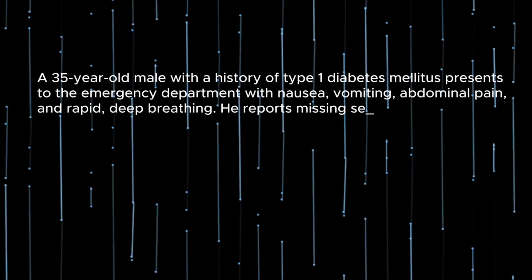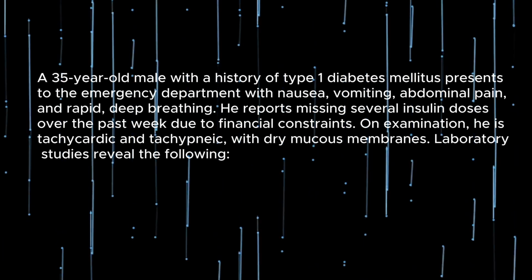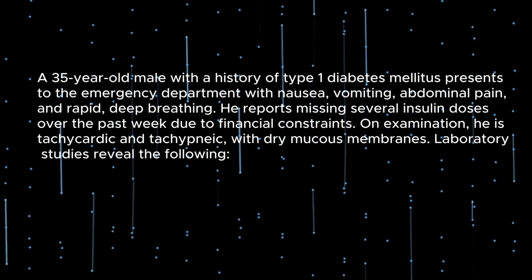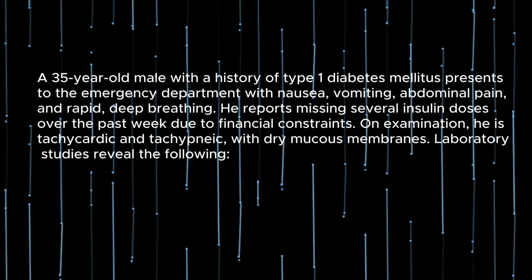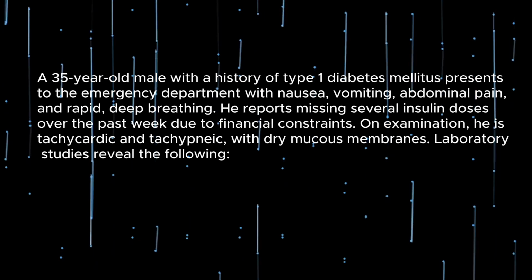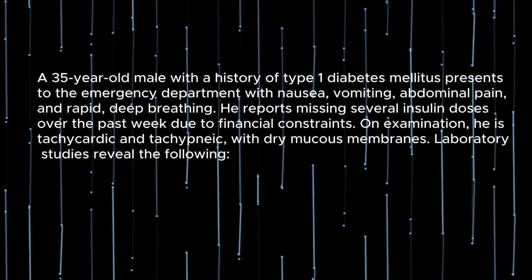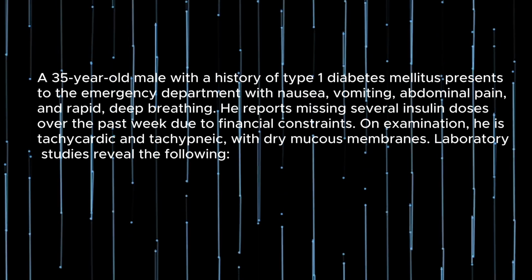A 35-year-old male with a history of type 1 diabetes mellitus presents to the emergency department with nausea, vomiting, abdominal pain, and rapid, deep breathing. He reports missing several insulin doses over the past week due to financial constraints. On examination, he is tachycardic and tachypneic with dry mucous membranes.